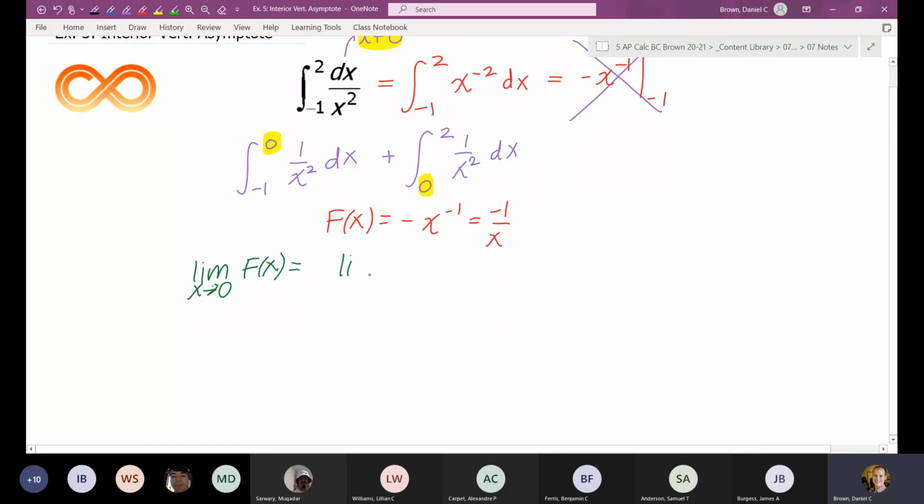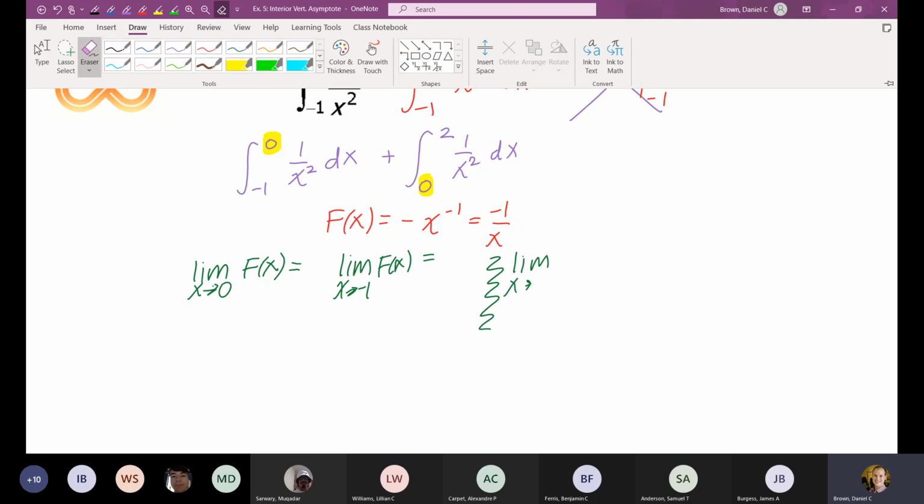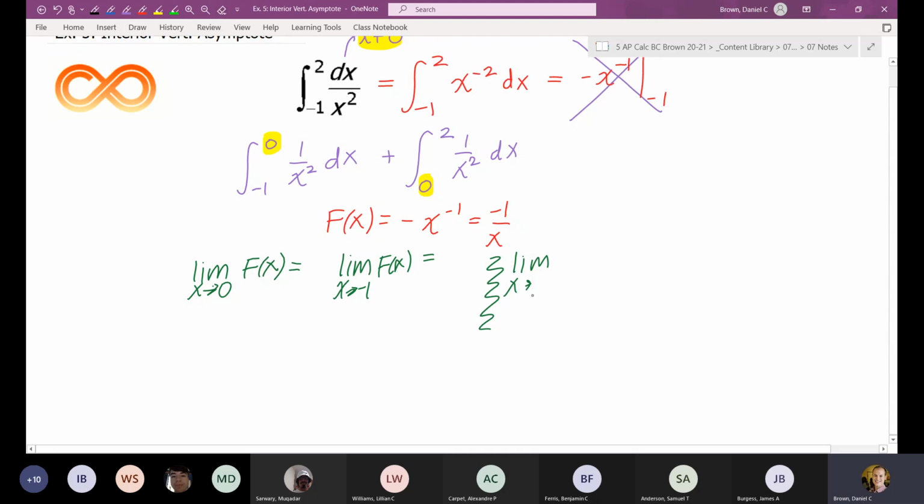We will have the limit as x goes to negative 1 of the antiderivative. And then for that second integral, its top one is 2, not 0. And then its bottom limit, one that we'd have already done, I'm going to write it up here so we can see it, would be 0.